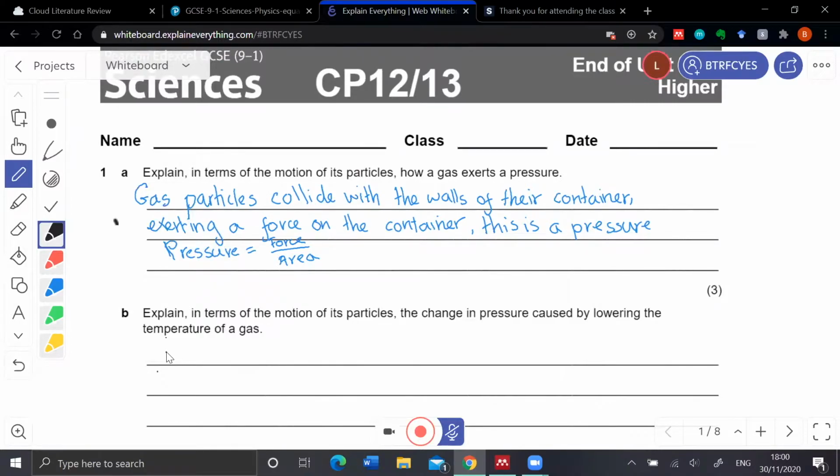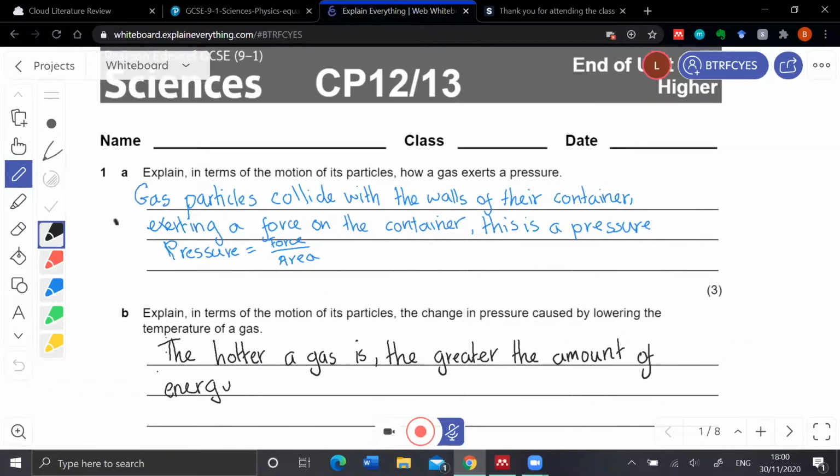The hotter a gas is, the greater the amount of energy the particles have.